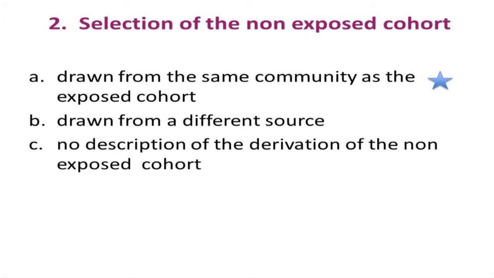And as you understand, this does not only apply to meta-analysis of observational studies. Actually, it applies to all quality assessment of all observational studies that you may read or do yourself. And I think it's a very common error that you don't think about whether the people that are exposed are really coming from the same cohort as the non-exposed persons.